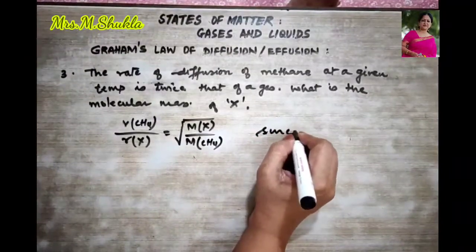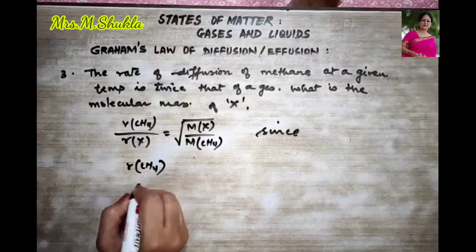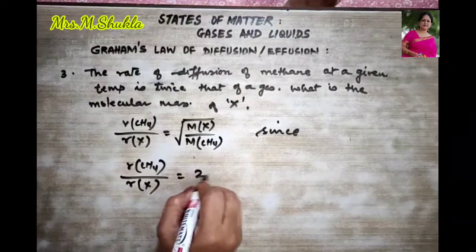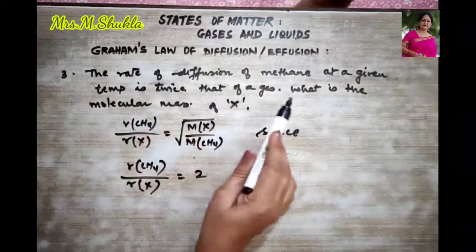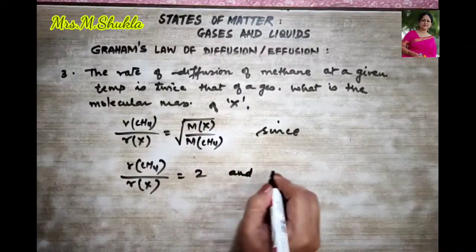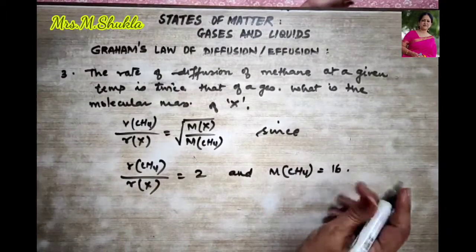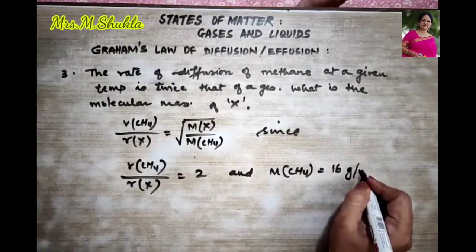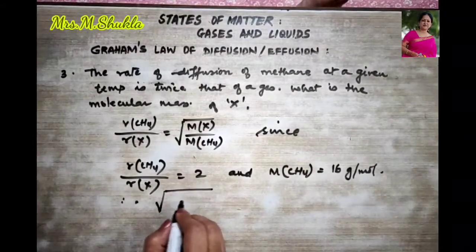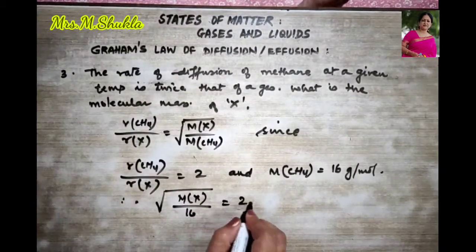Now, since the rate of diffusion of methane upon that of gas X is equal to 2, and the molecular mass of methane is 16 grams per mole, we write: square root of molecular mass of X upon 16 is equal to 2.